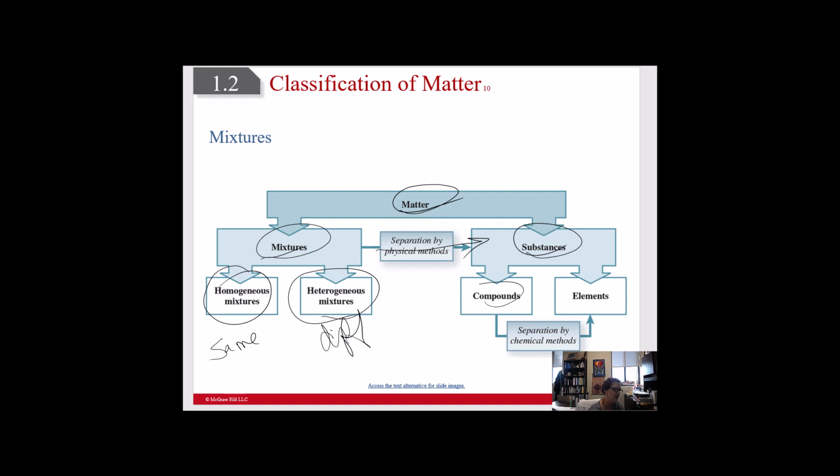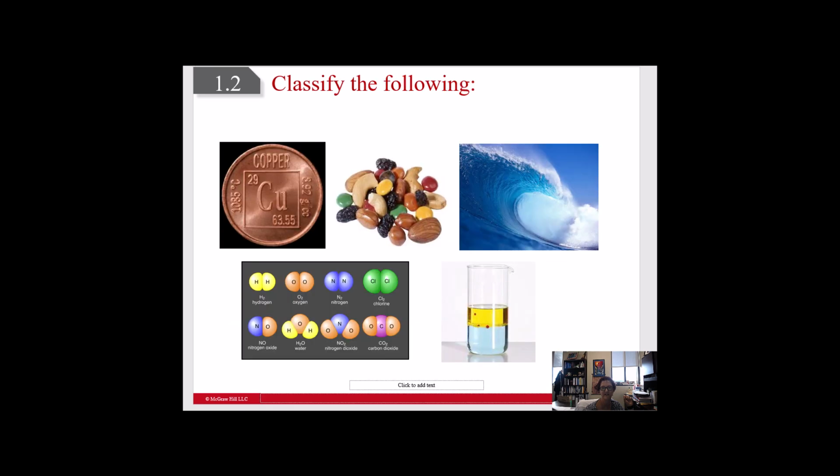Substances can either be compounds or elements, and elements actually form the compounds, right? They're made up of elements. And compounds can be separated by chemical means into their components, which are the elements. So if that's making your eyes roll back in your head, stop this, go back and go through it again, because this is very important that you understand how we're classifying these things, okay?